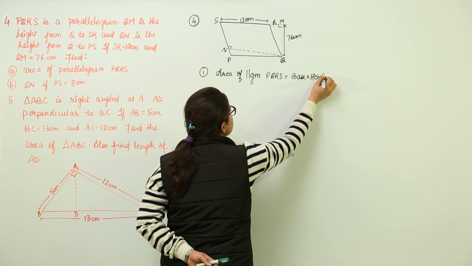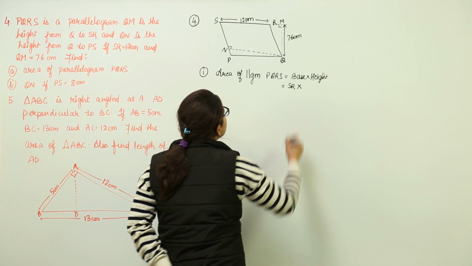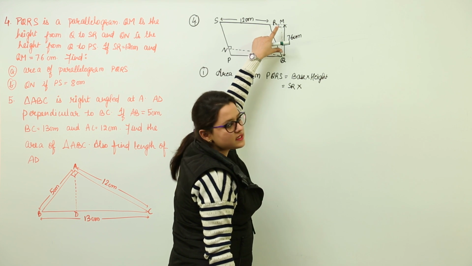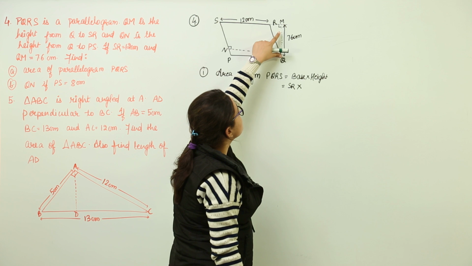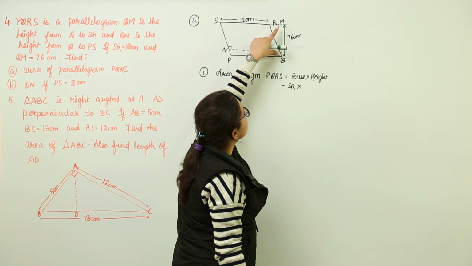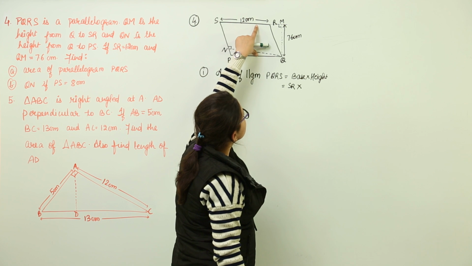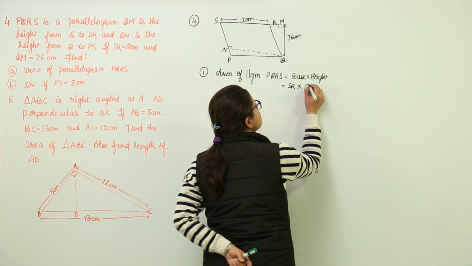And what is the base? If you take SR as the base, the height for SR is going to be QM only, as I discussed with you. Height is not bothered whether it is going out of the shape or not, because the point Q is going to be at the same distance from SR all over, right? So we can represent QM as the height.